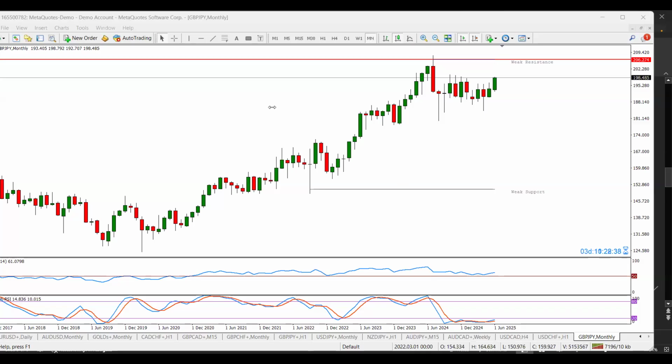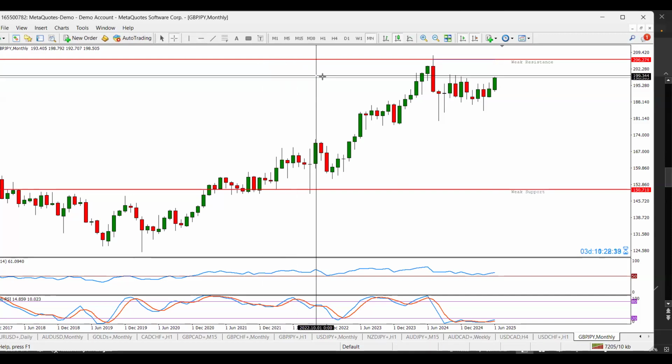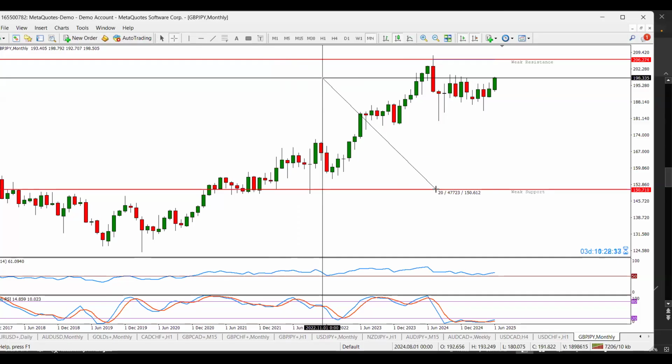Ideally, what I would normally do is, this is the monthly time frame. This is the closest resistance on the monthly time frame, and this is the closest support. But this support is not really necessary for me right now because it is very far. It is about 4,700 and something pips away from price. So this is not where our concern is. Our concern is somewhere around here.